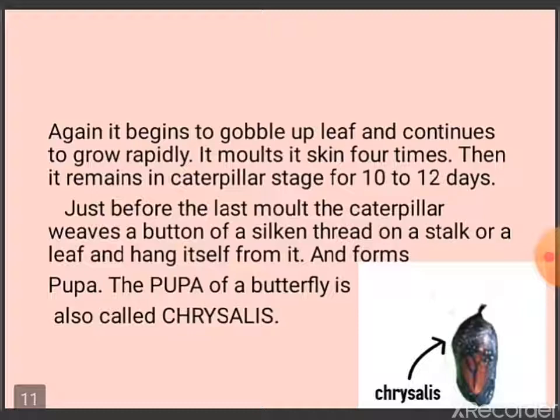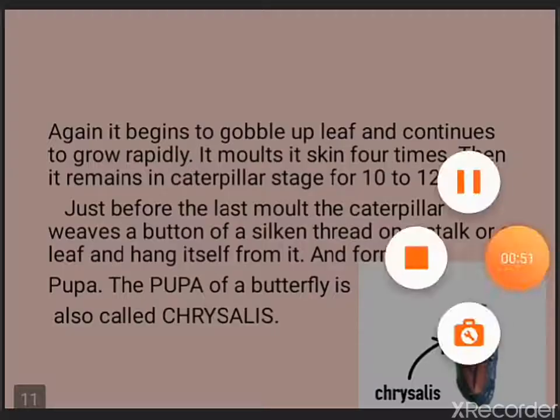But just before its last molt, the caterpillar weaves a button on a silken thread of a stalk or a leaf and hangs itself from it. When it molts the last time, it forms a pupa, which is the next stage of its growth. This pupa of a butterfly is called a chrysalis. I repeat, the pupa of a butterfly is called a chrysalis.